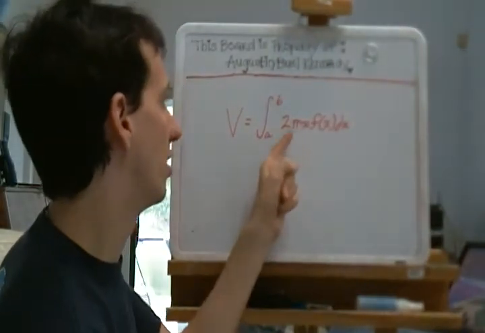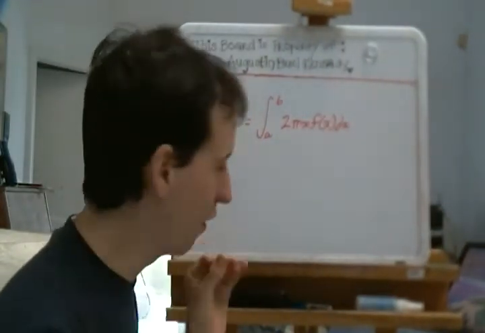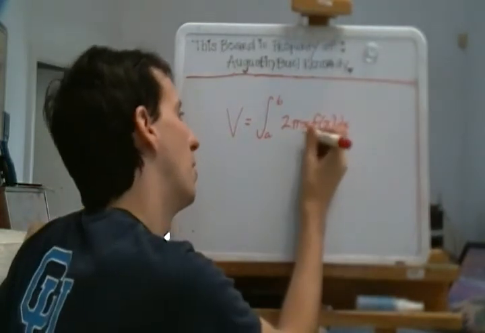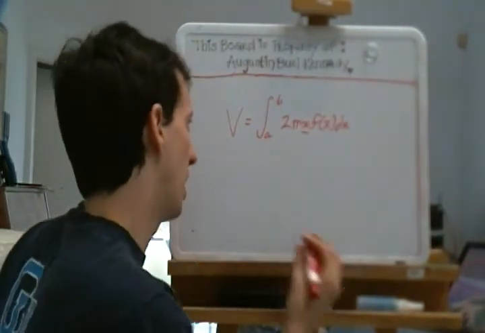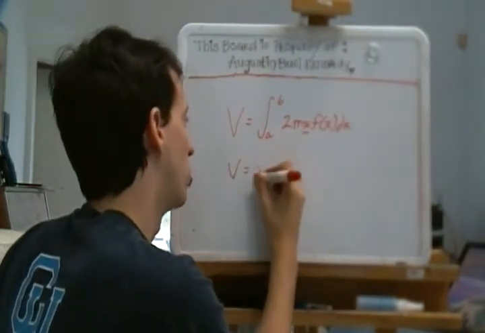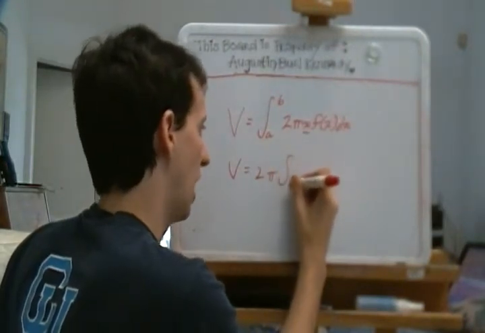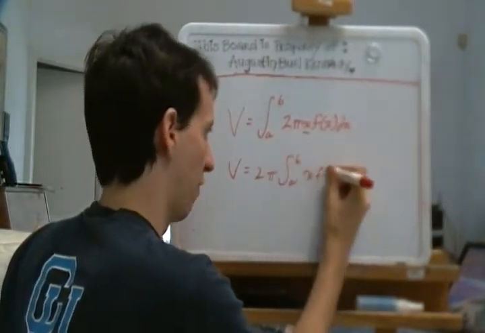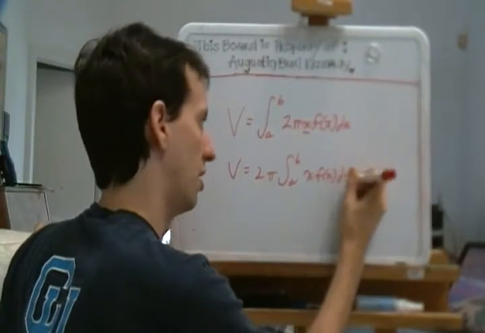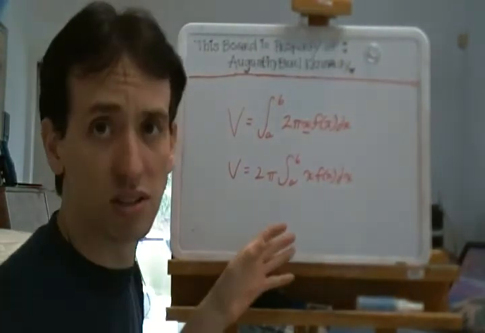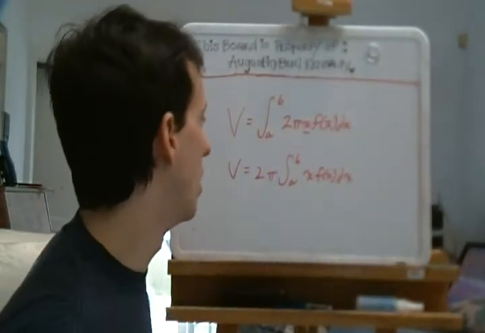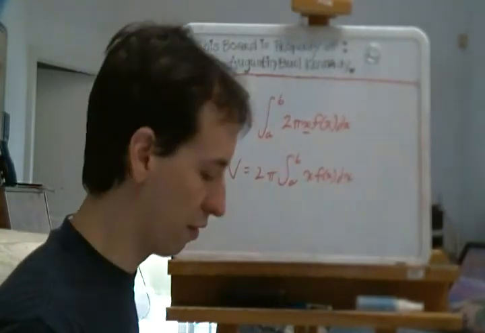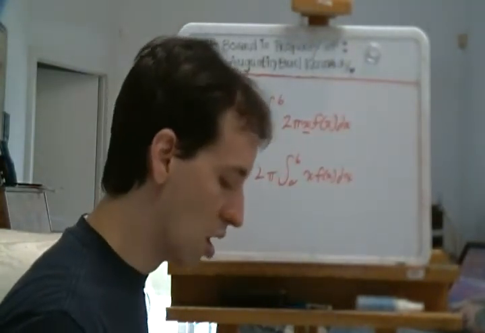This is very important. That f of x dx, very, very important. Don't forget about this little x there. So what that means is that V equals 2 pi times the integral from a to b of x f of x dx. It's as simple as that. All you need to do is remember to stick that x in front of the function and you'll be good.